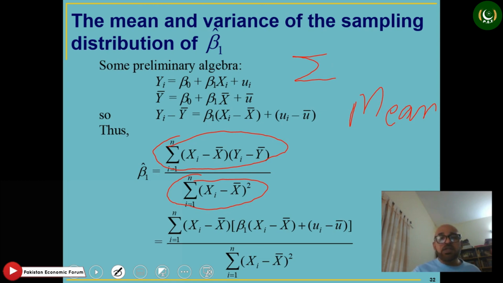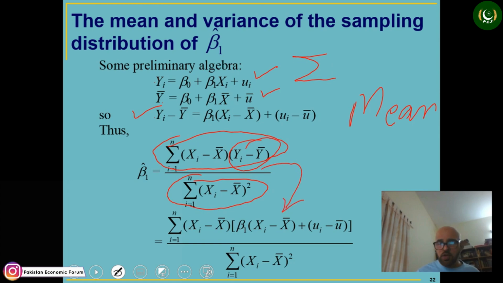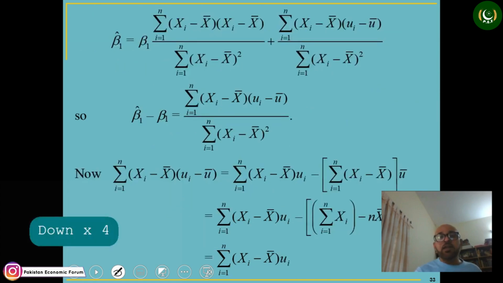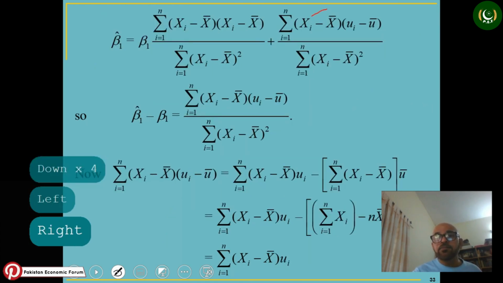Okay, so you see, this is yi, this is its mean, and if we subtract the second equation from the first, you will have this one. Then we substitute yi minus y bar by this value, and we get the sum of xi minus x bar into ui minus u bar.